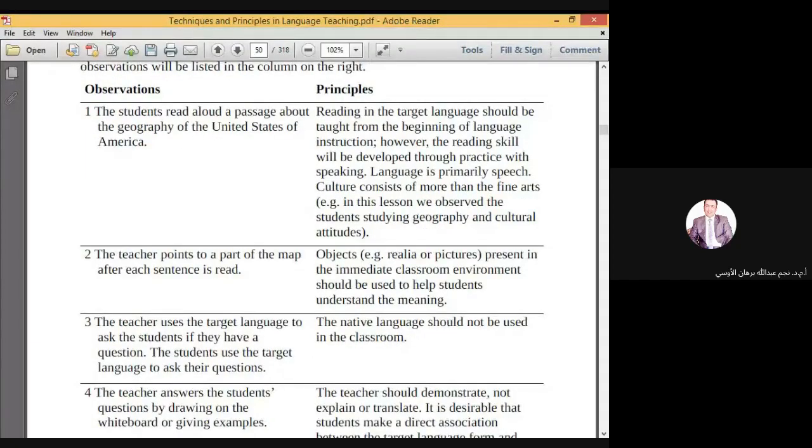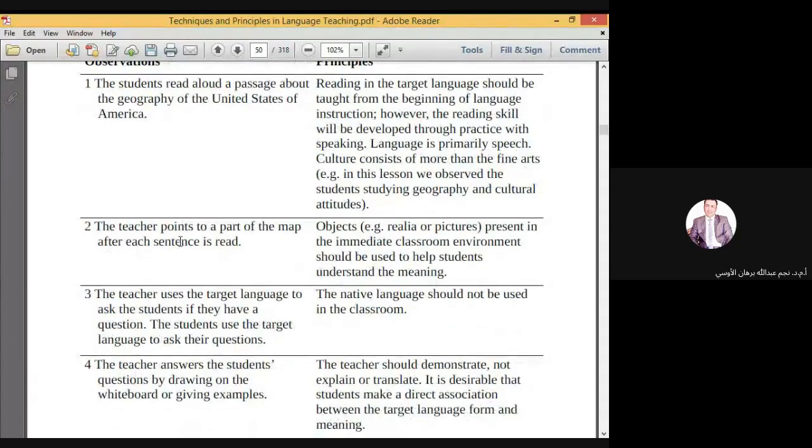This is the first one. Next, the teacher points to the part of the map after each student's reading. The principle is that objects, realia, or pictures present in the immediate classroom environment should be used to help students understand the meaning.